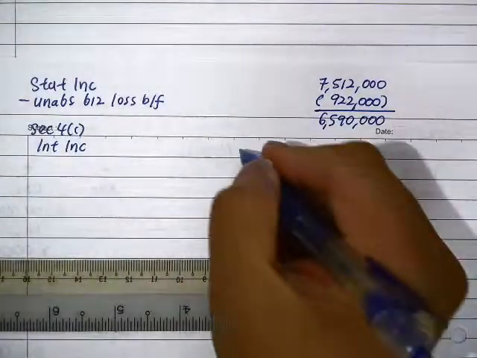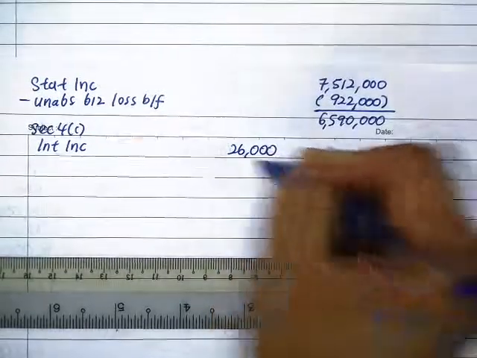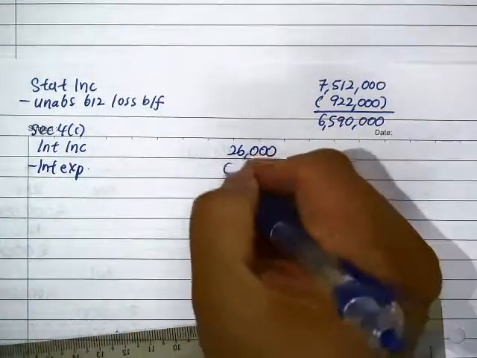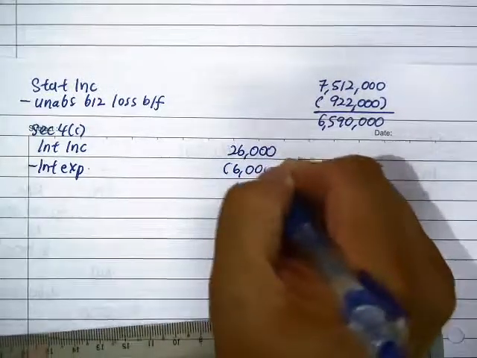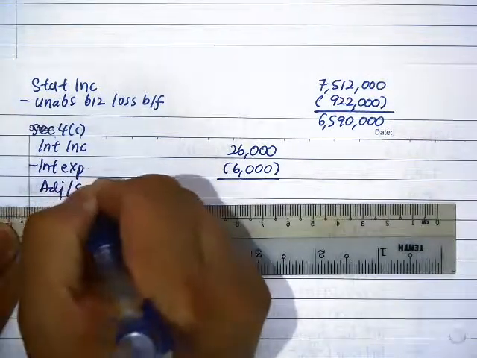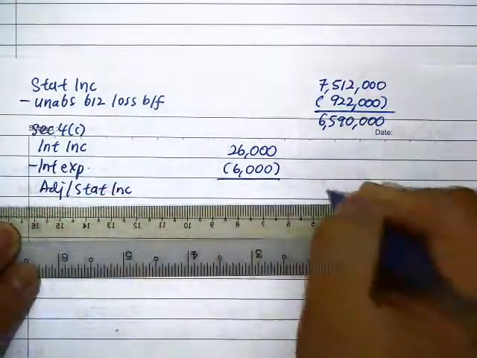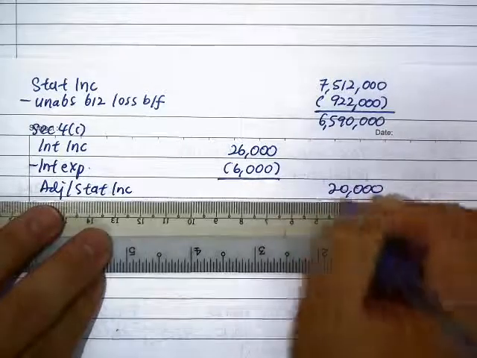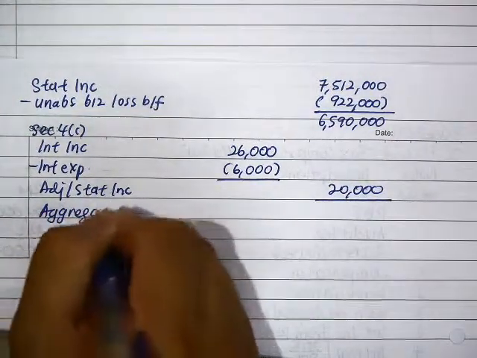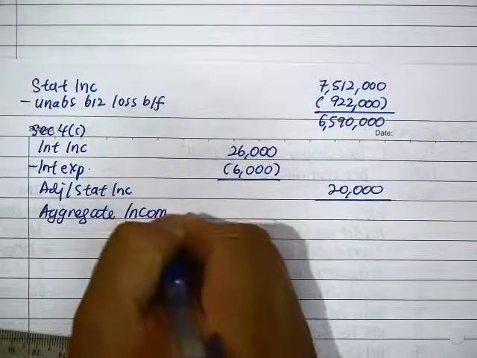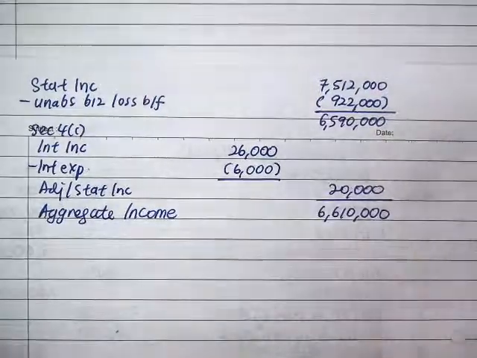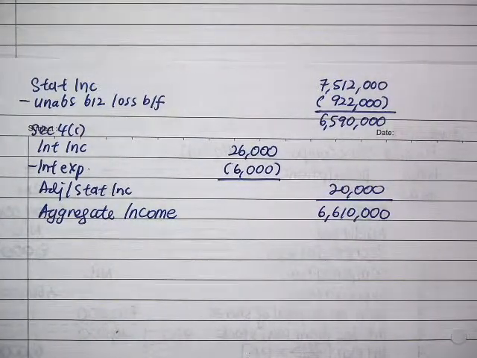We're going to tax this 26,000, and you minus the expense, which we just worked out to be 6,000. So your adjusted statutory income is 20. So aggregate is 6610.